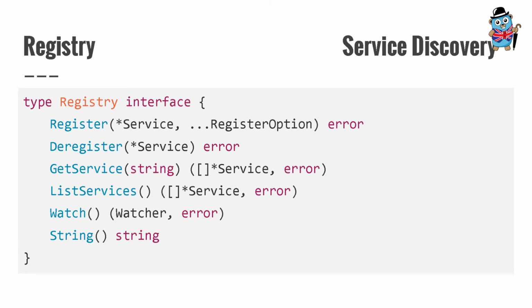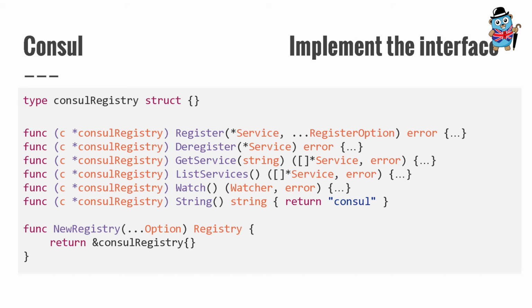It doesn't include all of the features of any kind of service discovery system, but it includes enough to get you started. And what we can do is implement this interface. So here's some standard, concrete code for a Consul registry. Then wherever we're expecting the registry, we can just pass around these things, and it doesn't care.